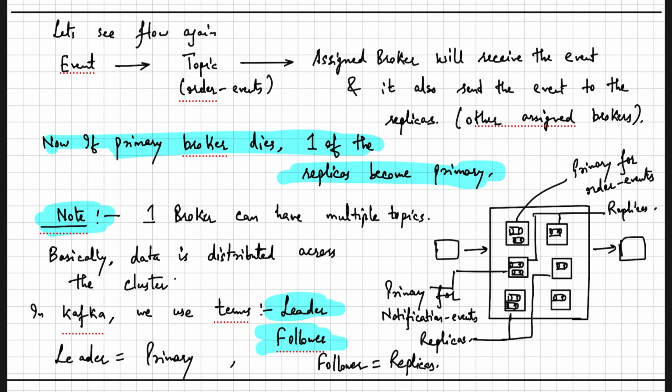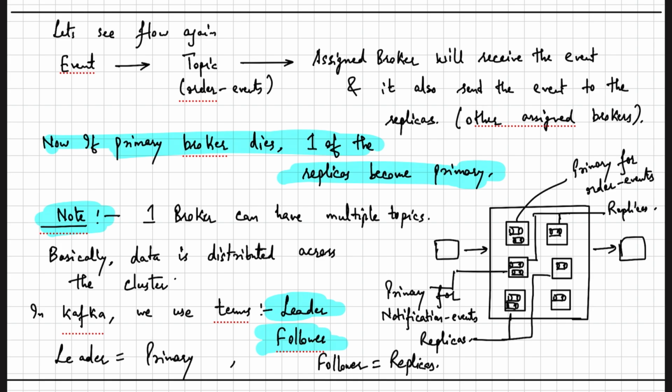But there could be other cases as well. The same broker could be primary for both the order event and the notification event. So basically the point is data is distributed across the cluster. For example, in this case, this has two topics, this has two topics, this has one topic, this has two topics. So across all the nodes, the data gets distributed.